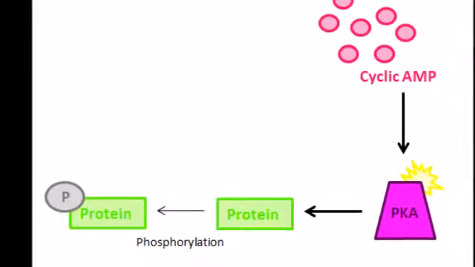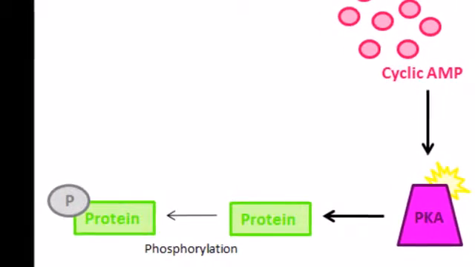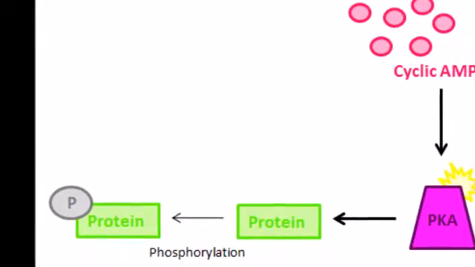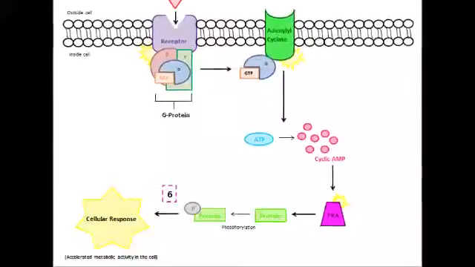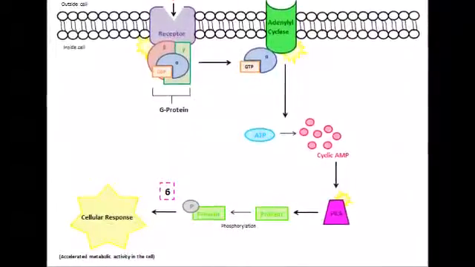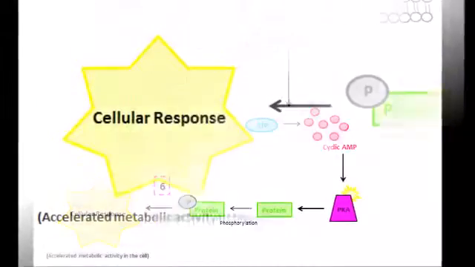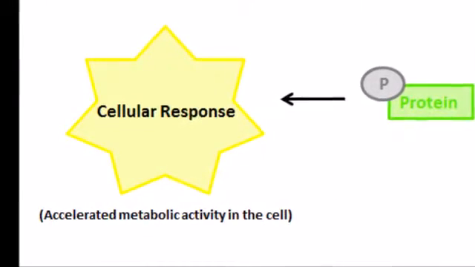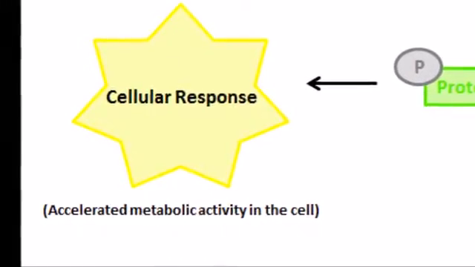Kinases phosphorylate proteins in the cell, which means they attach a high-energy phosphate group to proteins and change their structural conformation. These phosphorylation reactions by protein kinase A can mediate both short and long-term cellular responses depending on the proteins that they phosphorylate. Ultimately, the cellular response in this example is an acceleration or increase in the metabolic activity in the cell.